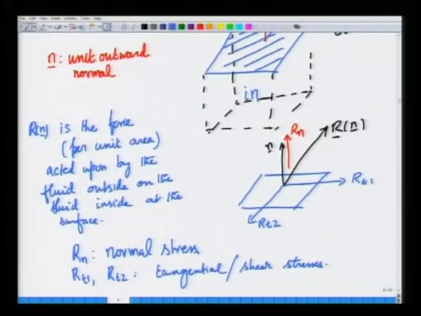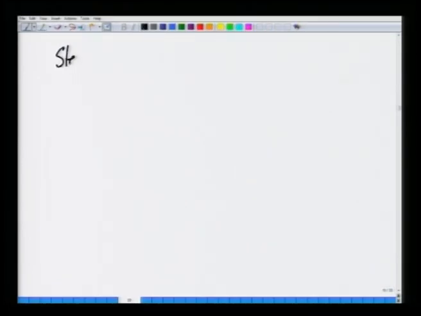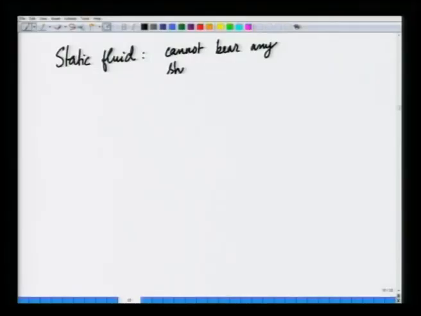But when we look at a static fluid, by definition it cannot bear any shear stress, because if there is any finite non-zero shear stress, the fluid will start moving. So, the shear stresses in a static fluid must be 0. The static fluid is a fluid where the shear stresses, or the tangential components of the stresses, are 0.